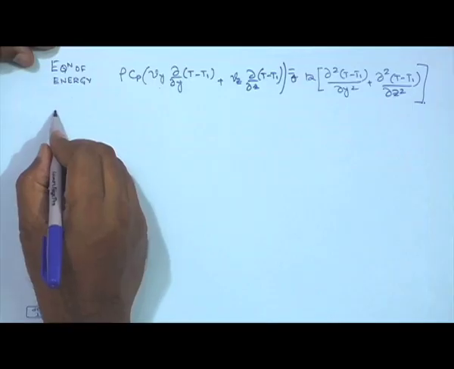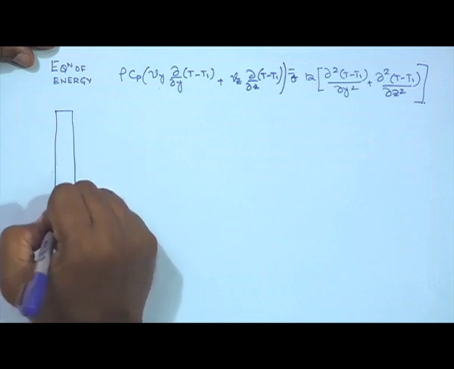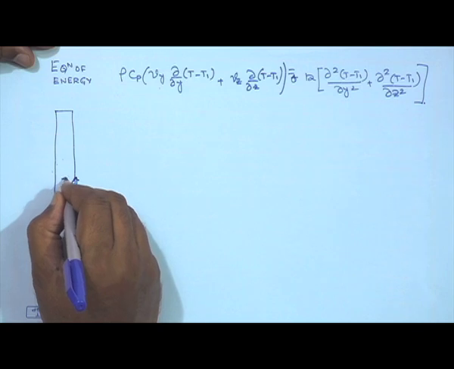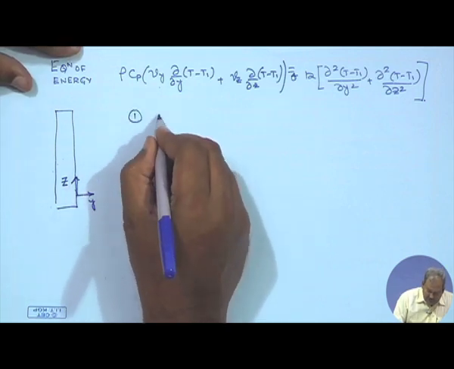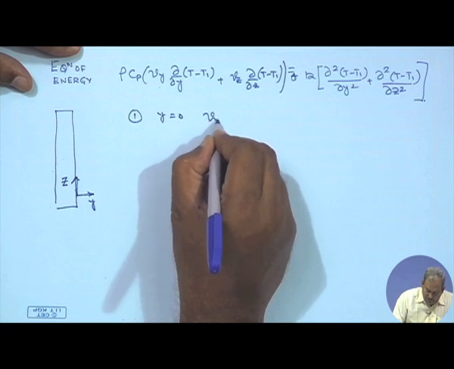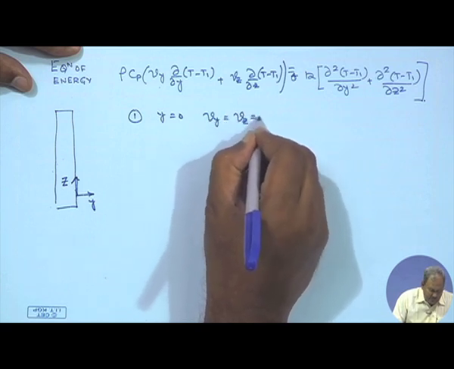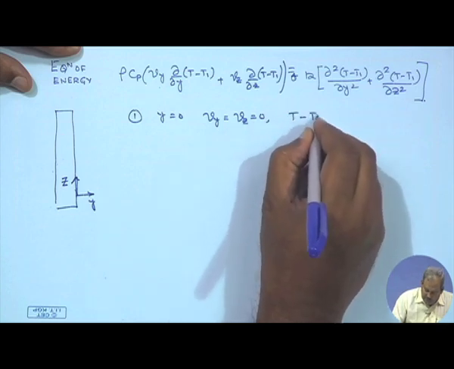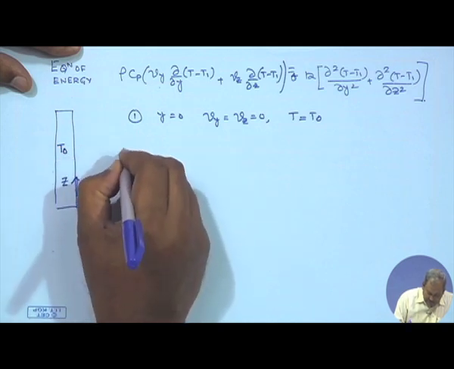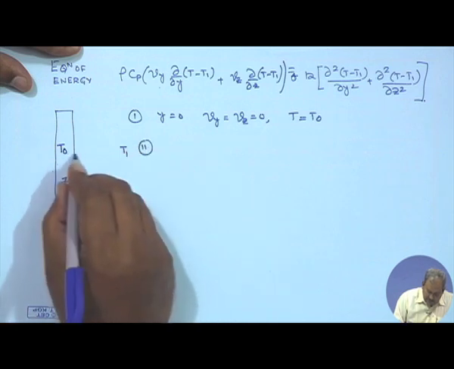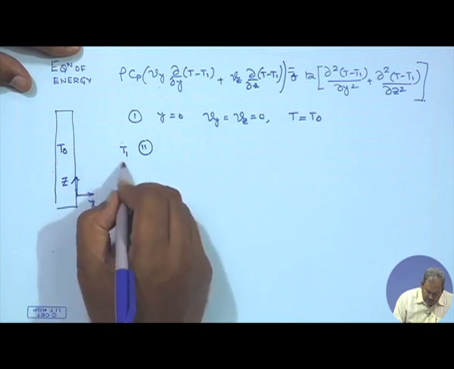So, before we attempt to do that, let us first find out what the boundary conditions are for such a case. For a vertical plate, where this is the z direction and this is the y direction, the first boundary condition is that at y equals 0, due to the no slip condition, both Vy and Vz will be 0, and the temperature is going to be equal to T naught, where T naught is the temperature of the solid plate and T1 is the temperature far from it, and therefore, a constant temperature.